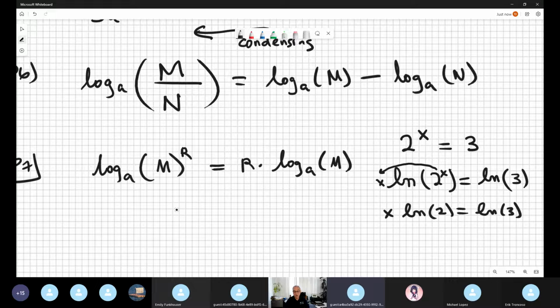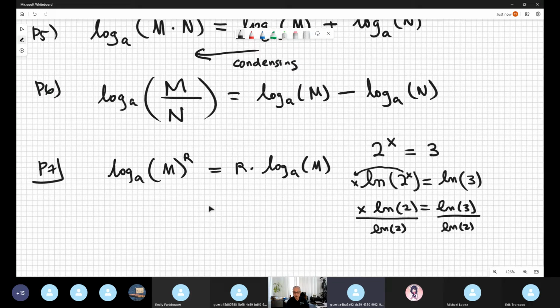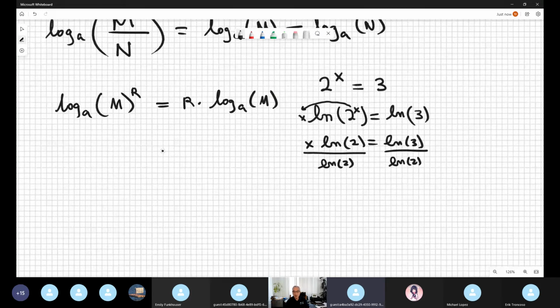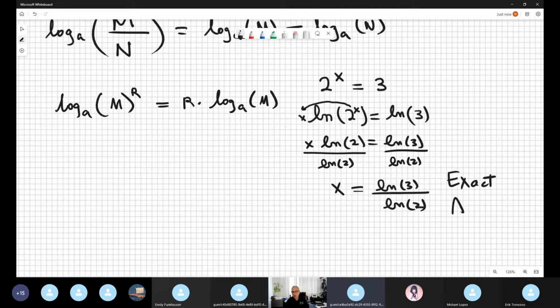No. You divide by natural logarithm of 2 on both sides, because my goal is to isolate x, and x alone is natural logarithm of 3 divided by natural logarithm of 2. Okay, and this is the exact solution, exact answer.